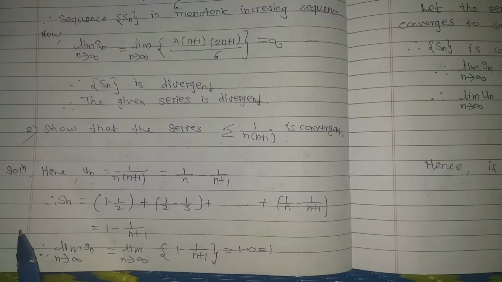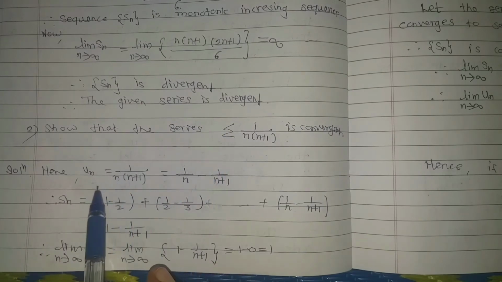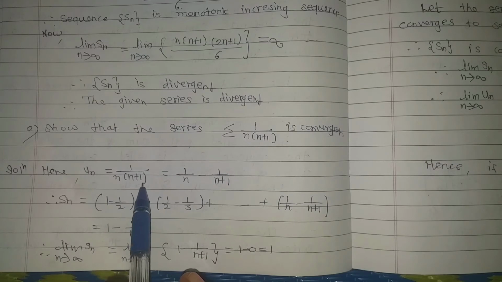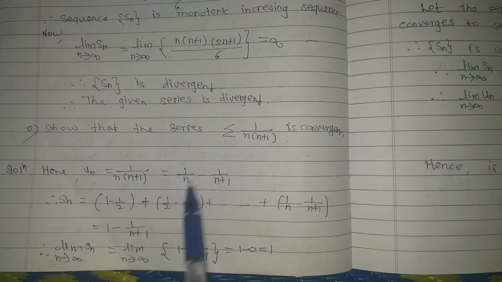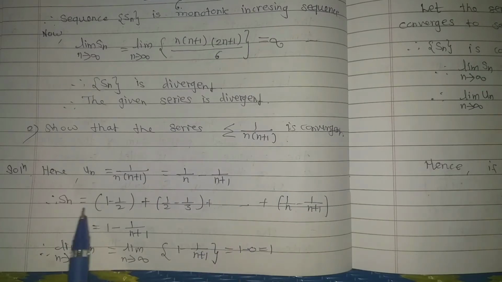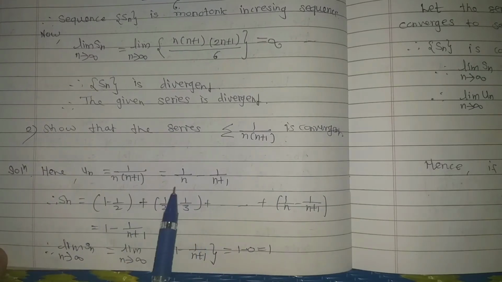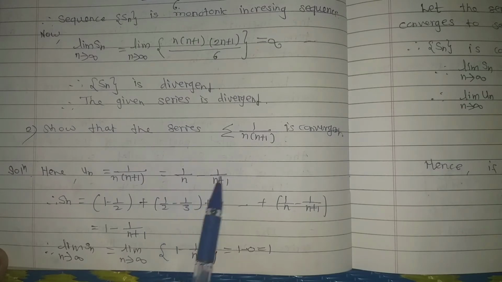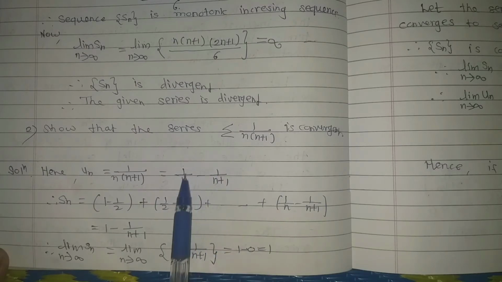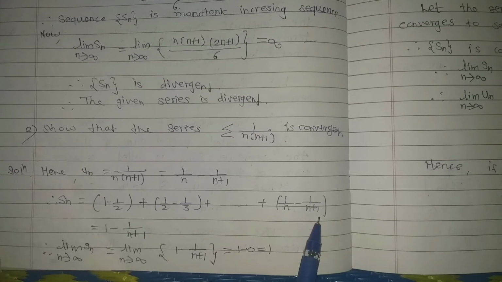In this solution, we take un equal to 1 upon n into bracket n plus 1, and this can be written as 1 upon n minus 1 upon n plus 1. We know that Sn is the addition of first n terms, so the first term is 1 upon 1 minus 1 upon 2, plus the second term 1 upon 2 minus 1 upon 3, plus up to the last term 1 upon n minus 1 upon n plus 1.